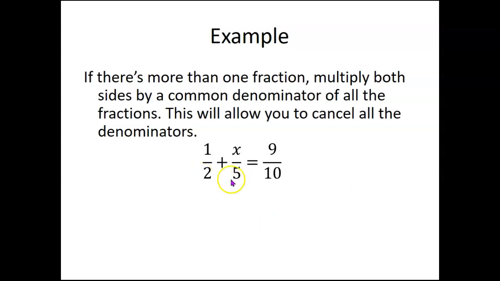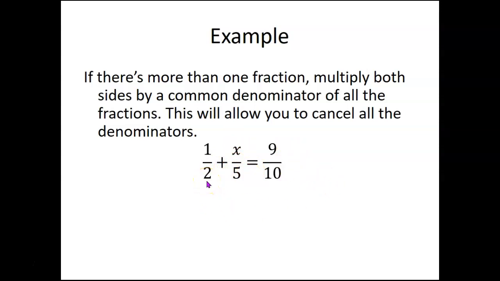Find a common denominator of all the fractions, something that's a multiple of all of them, and then that's what you want to multiply by on both sides of the equation, because that will allow you to cancel all the denominators.